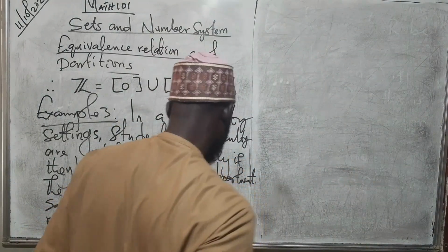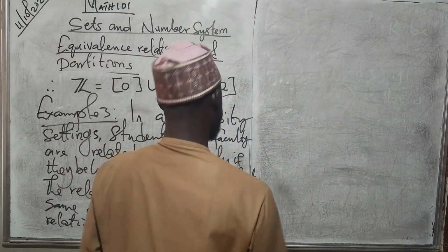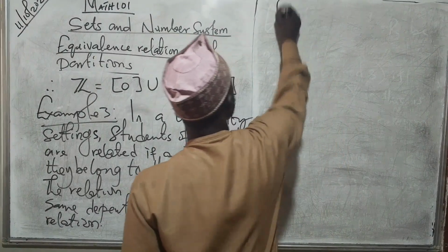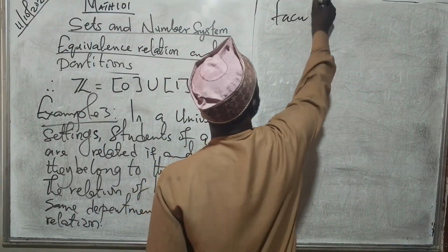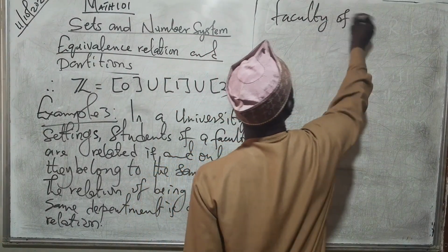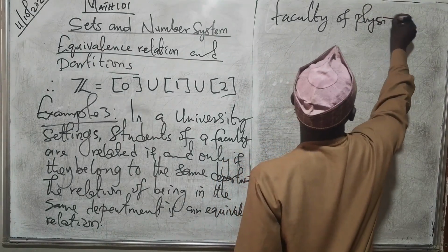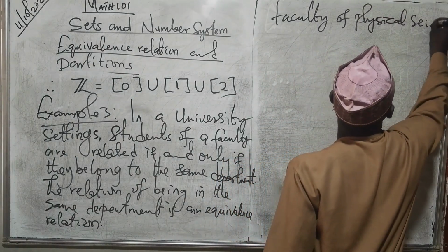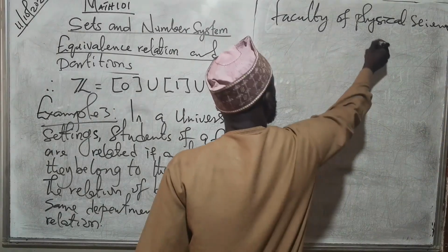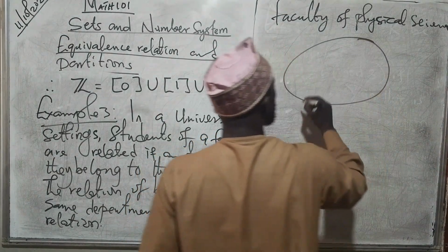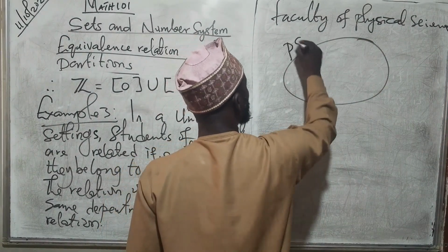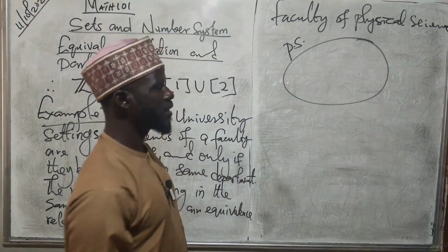For example, let's take the Faculty of Science. For example, we have the Faculty of Physical Sciences. So this as a whole, the Faculty of Physical Sciences, is a faculty.